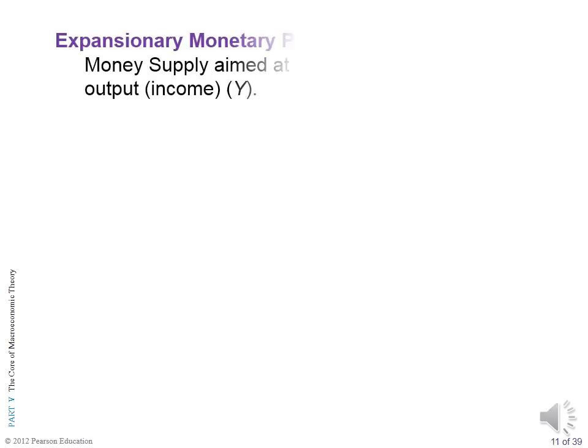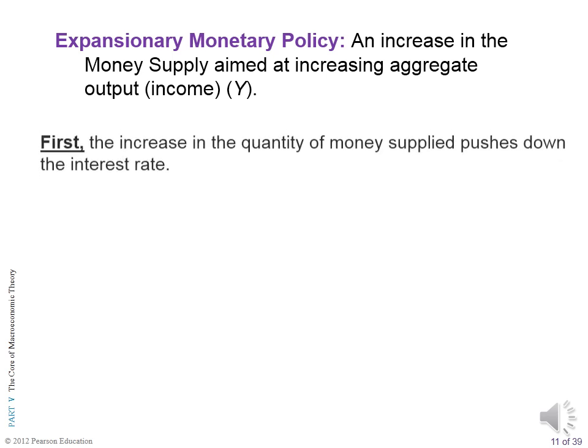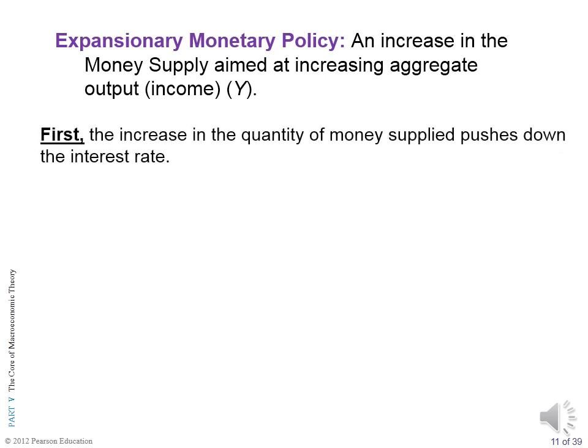Okay, طيب let's look first at expansionary monetary policy: an increase in money supply aimed at increasing aggregate output. First معايا بقى نركز كده. An increase in money supply، طبعا في دماغك إيه؟ في دماغك الرسمة بتاعت money supply وmoney demand.